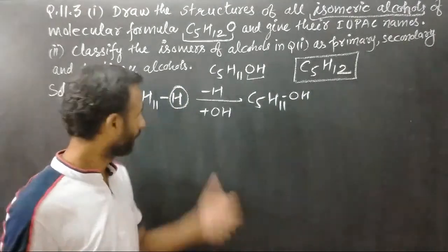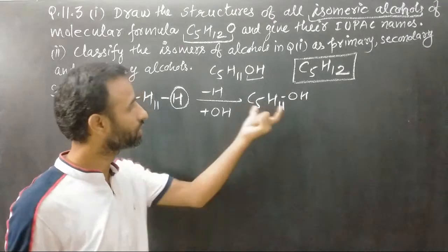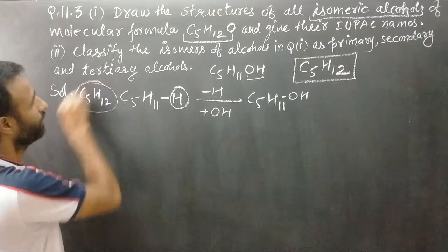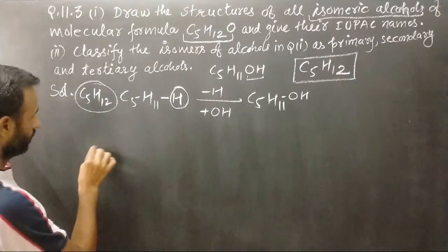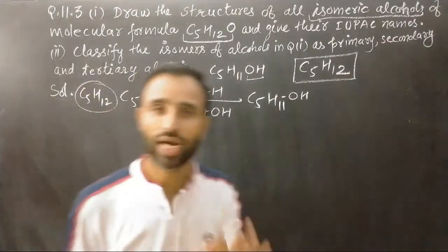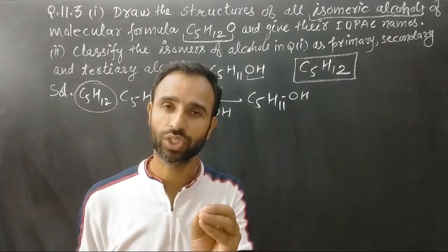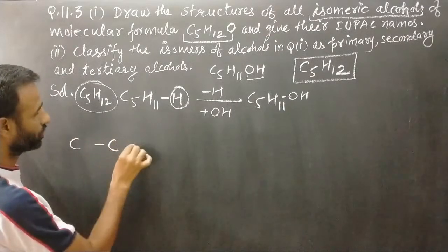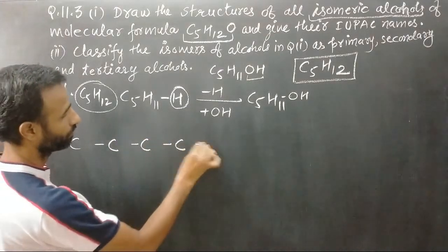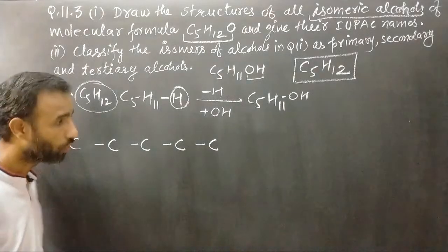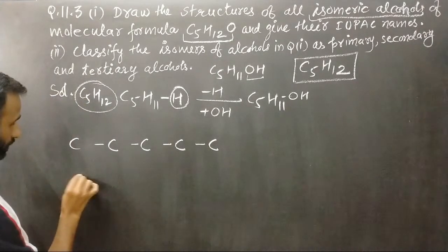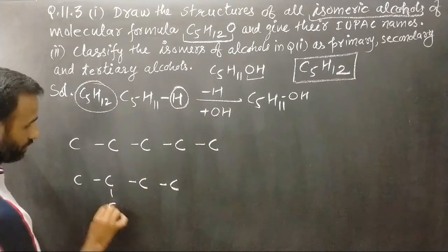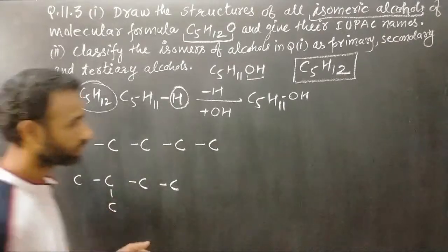So our parent chain is pentane, C5H12. First of all we start from C5H12. If we have 5 carbons, they are arranged like this, or like this, or third like this.